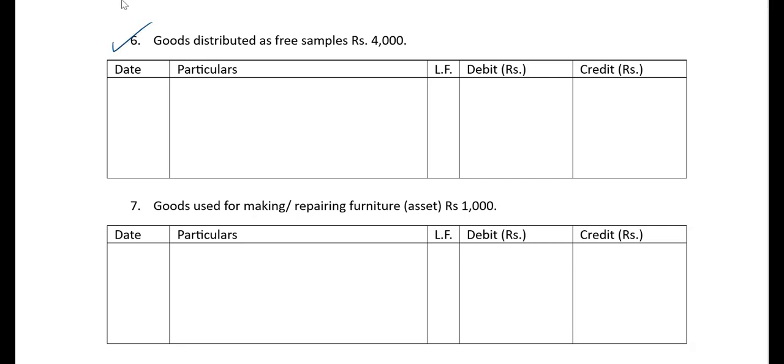Sixth transaction, goods distributed as free samples, rupees 4,000. We need to debit free samples account or advertisement account.